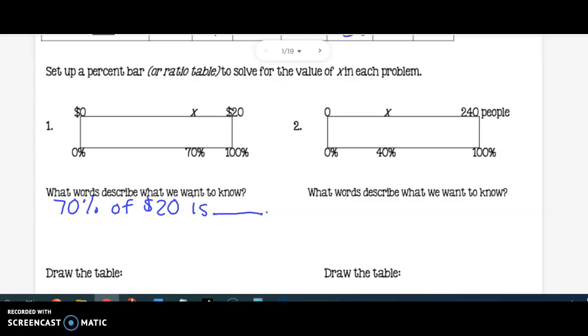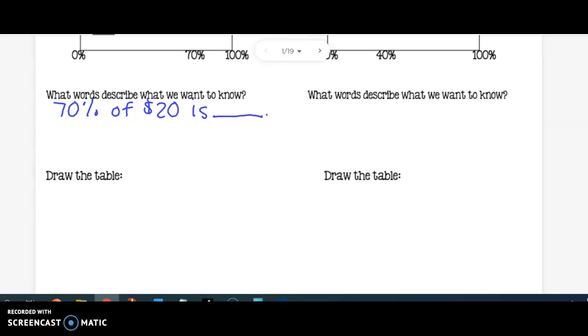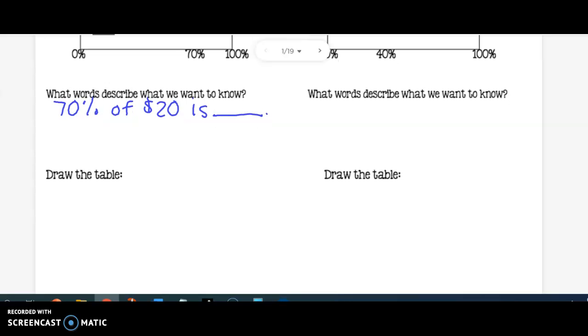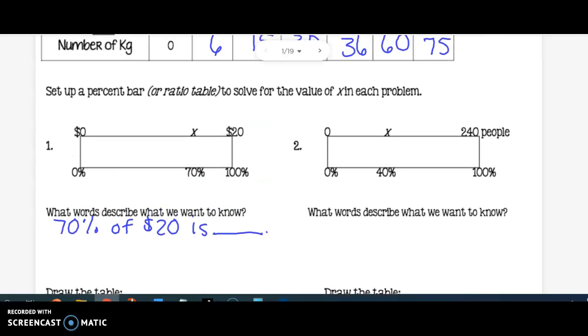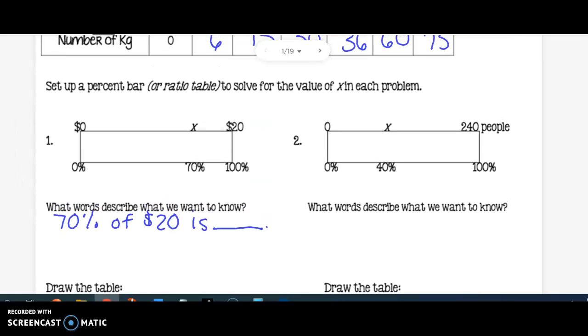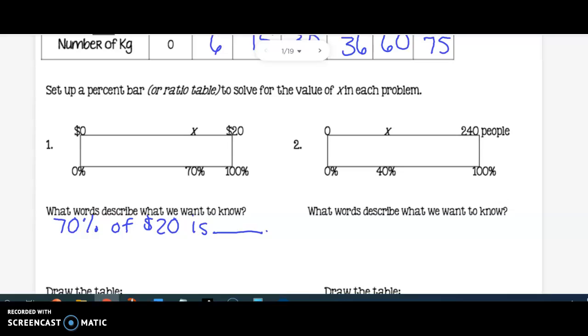Well, to get this, I am going to make a table. So I'm going to come down here and break this down a little bit. First of all, from $20, actually, hold on a minute. We're going to go ahead and split it in half. I'm going to take 50%, and that's going to be $10.